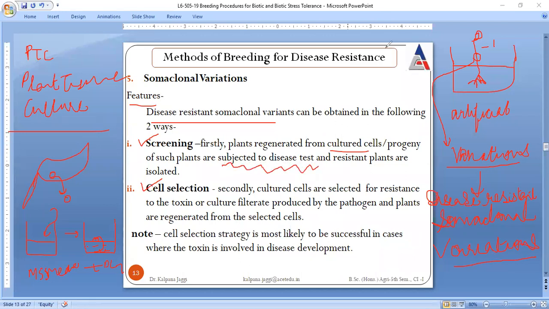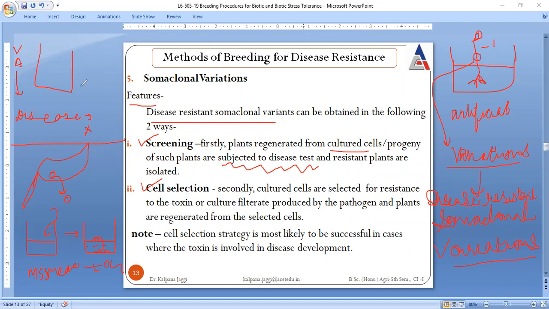Now you must be thinking, ma'am, how is this disease test to be conducted? Then I will let you know. When we talk about the disease test, what is done here? Here again the media is prepared. Suppose this is a variety A that is affected by a disease, say X disease.